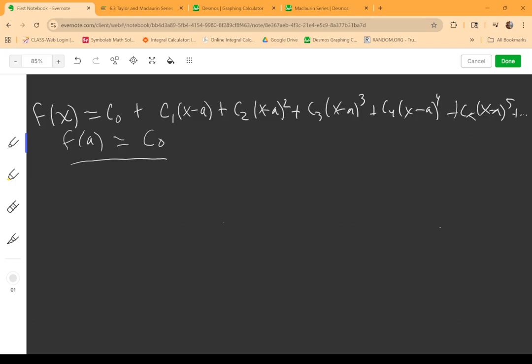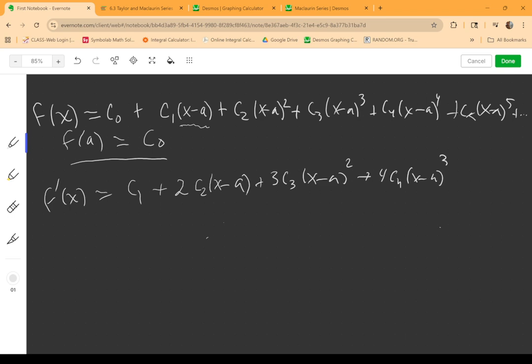So let's now take the derivative of this. What would the derivative of f look like? The first one is just a constant, so that goes to 0. This part here goes to 1, so we're left with c1. And then the rest is an application of the power rule: 2 c2 (x minus a) plus 3 c3 (x minus a) squared plus 4 c4 (x minus a) cubed plus 5 c5 (x minus a) to the fourth.